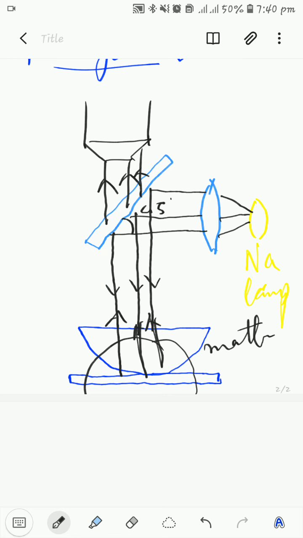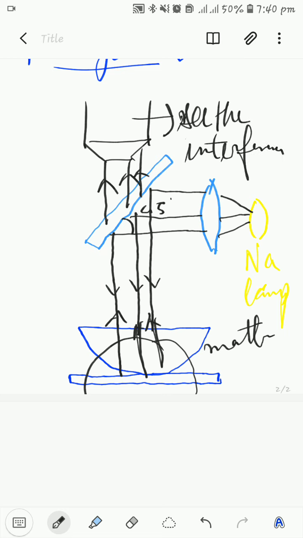And in the microscope we are able to see the interference pattern. Okay, so this is the experimental setup of Newton's ring.